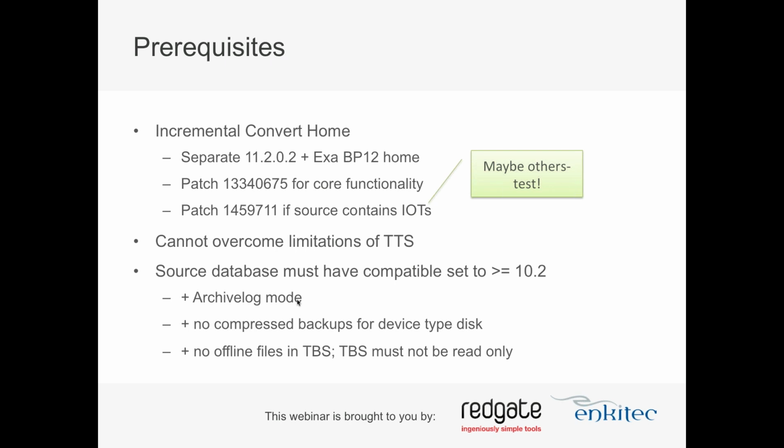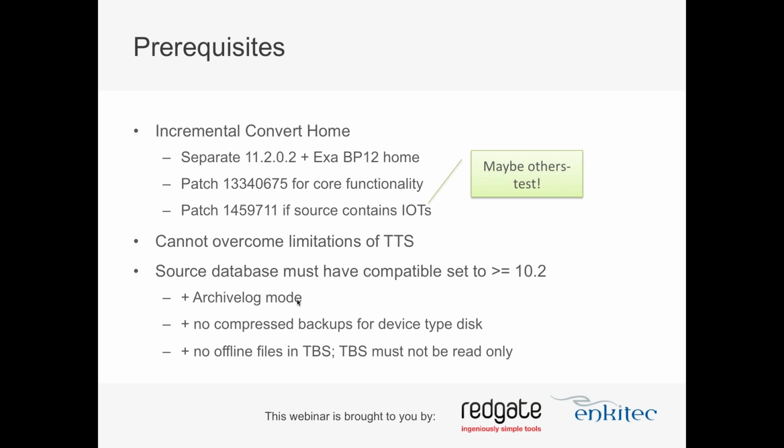The process clearly states that it cannot overcome the limits of transportable tablespaces, and I promised you to mention some of those limits. First of all, tables with timestamp with time zone data types are difficult. Materialized views and the underlying table must be in the transportable tablespace set, or they aren't exported.